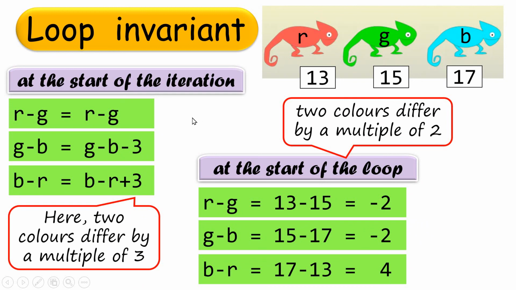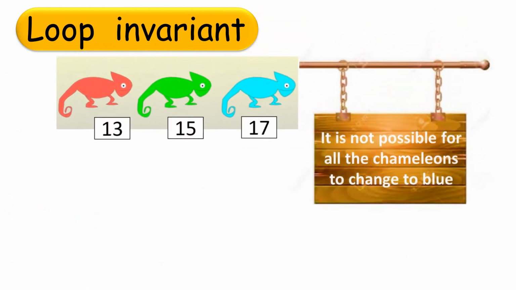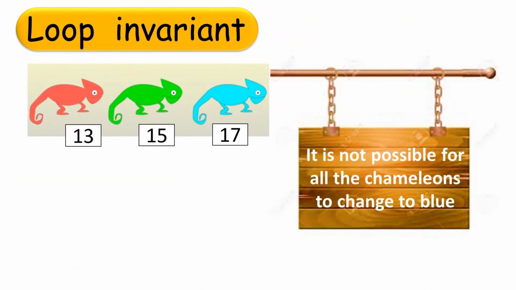This is a contradiction to the property of loop invariant, because a loop invariant is true at the start of the loop, at the start of the iteration, at the end of the iteration, at the end of the loop. Therefore, for these values of red, green and blue chameleons, it is not possible for all the chameleons to change to blue color.